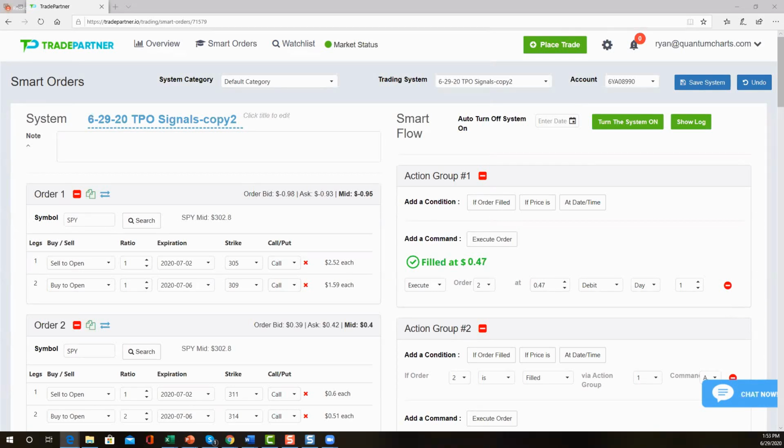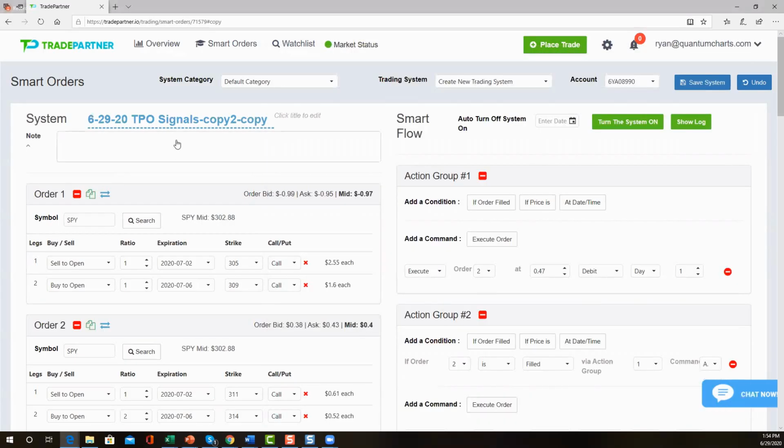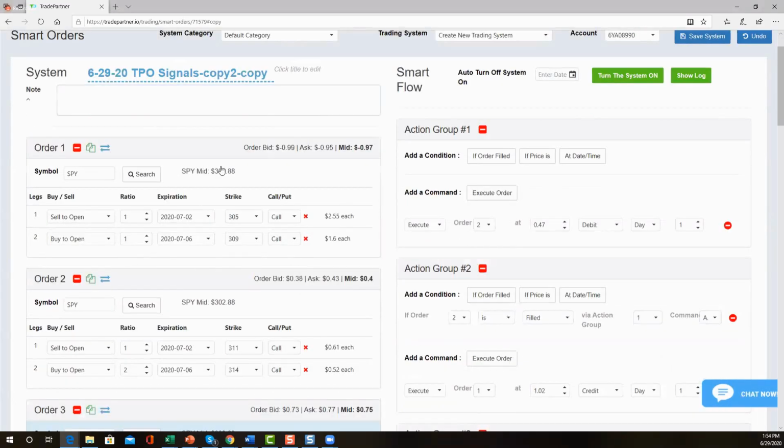Wow, I have no clue what happened there, so I'm going to close that and I'm going to do it again. Hang on one second. So I'm going to duplicate that. All right. All right, so here's a copy of a copy.